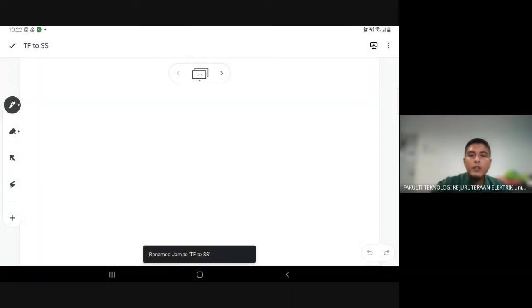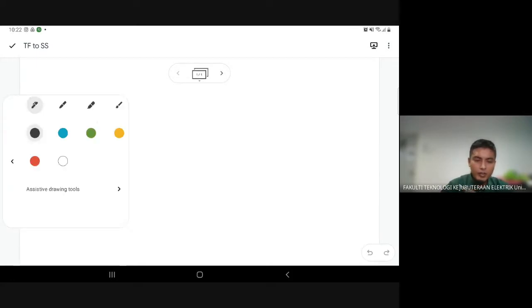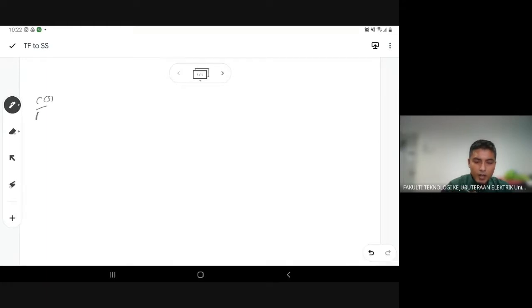Alright. The question is this one. The question is convert from C(s) over R(s) to (s plus 3) over (s square plus 10s plus 24). So I will show you two ways, the long way and the shortcut way.